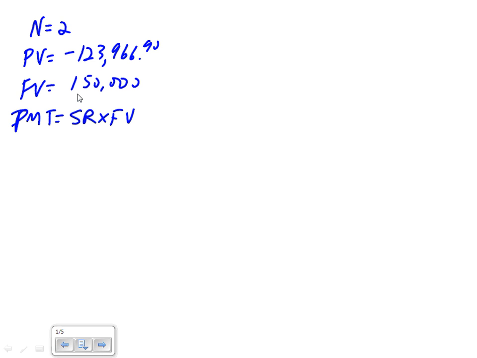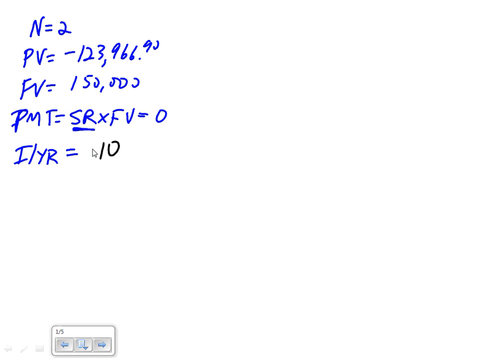Since this is a non-interest-bearing note, the stated rate is 0, so the payment is 0. We solve to determine the interest rate per period, and we should end up with an interest rate of 10%.